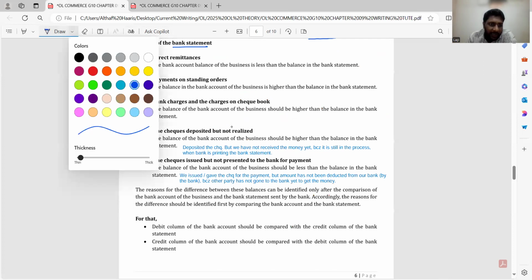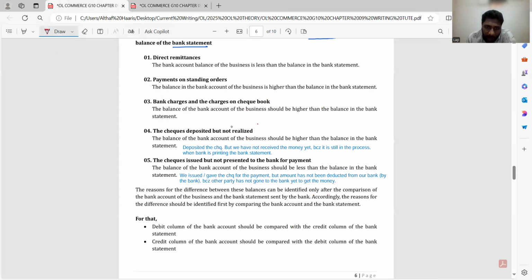This one we will call unrealized checks, URC. This one we will call unpresented checks, UPC.